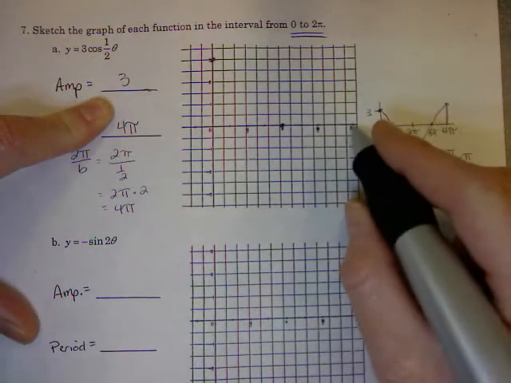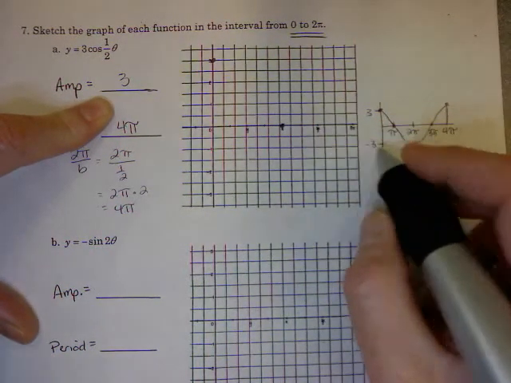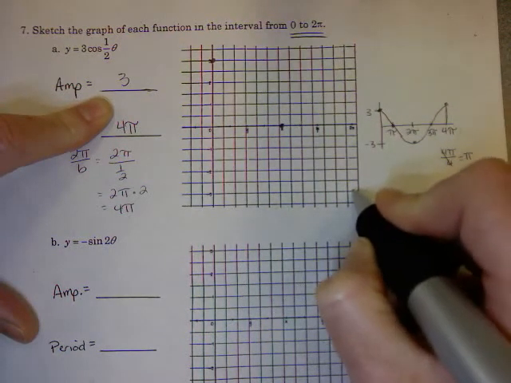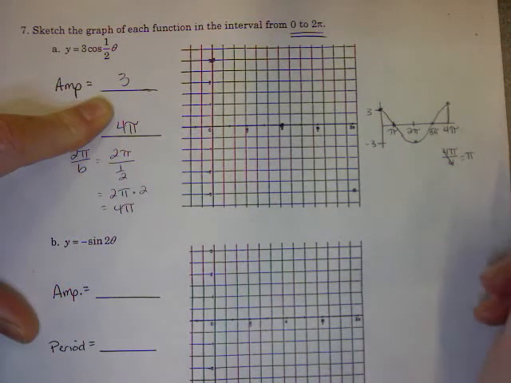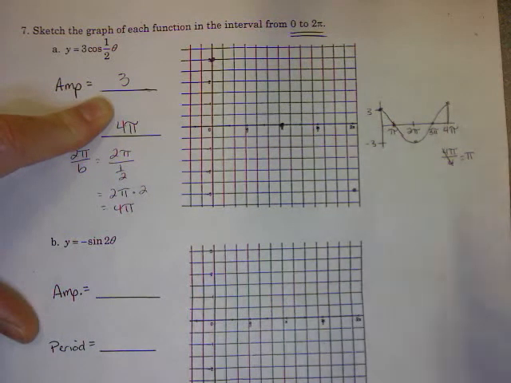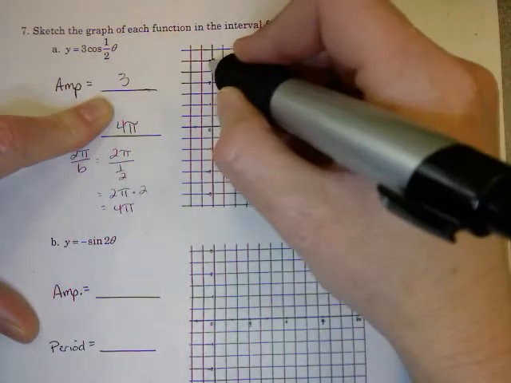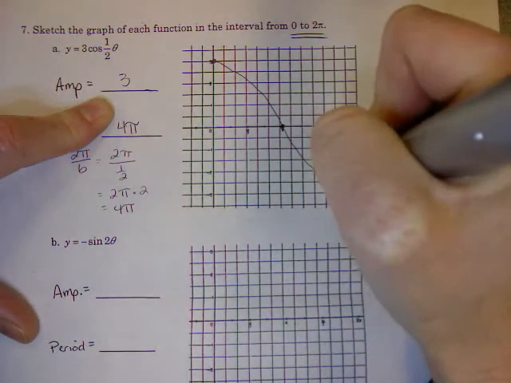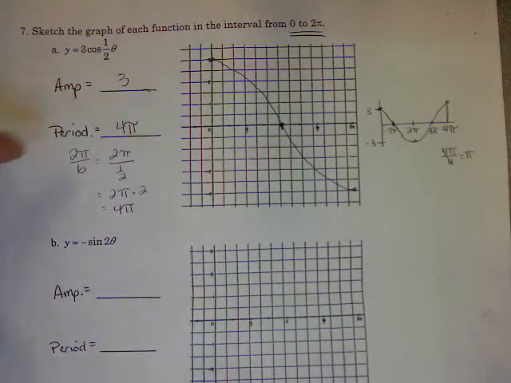And at 2 pi, which is all the way over here, we're at -3, so we go down to -3. And there's our graph. Just connect the points, and that's all we're going to see on this graph from 0 to 2 pi.